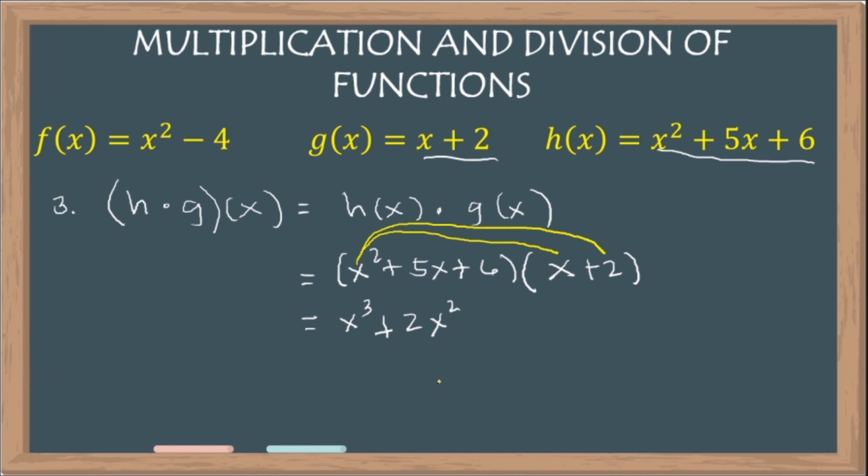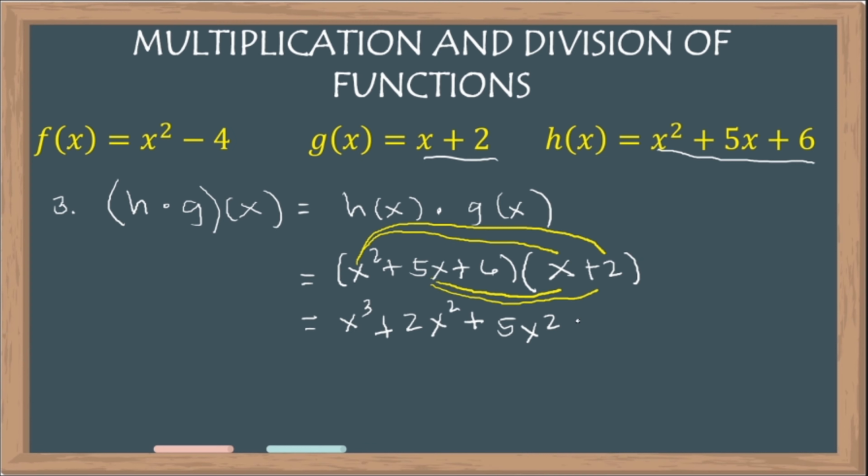Next, ito naman, yung 5. So, tapos na tayo sa x squared. Ito namang 5x times x. That's positive again kasi parehas positive. 5x squared. Add lang natin exponent nila na 1 plus 1, so 2. Okay? Next, we have 5x times 2.